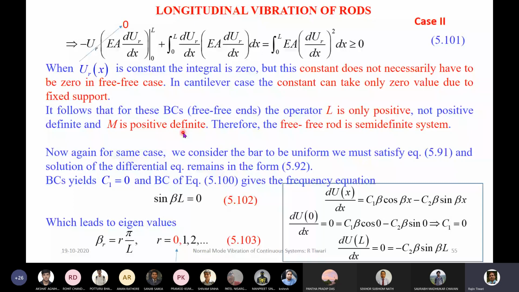If you recall, for the discrete system, when the stiffness matrix was positive and the mass matrix positive definite, then we had the case of the semi-definite system. So some analogy is there between the continuous system and this particular discrete system. Now we'll come back to the original problem, this free case.